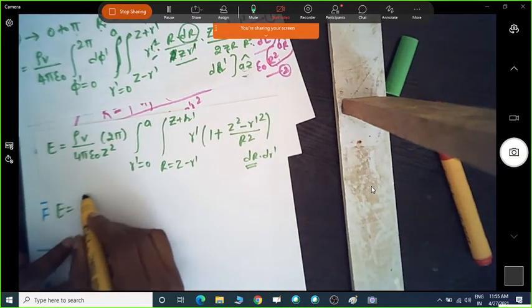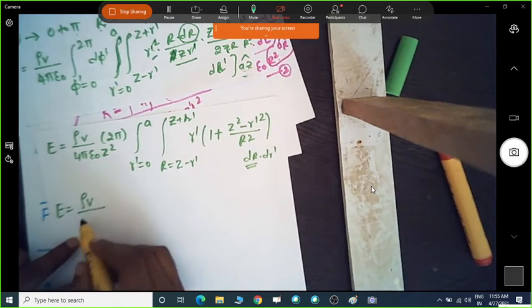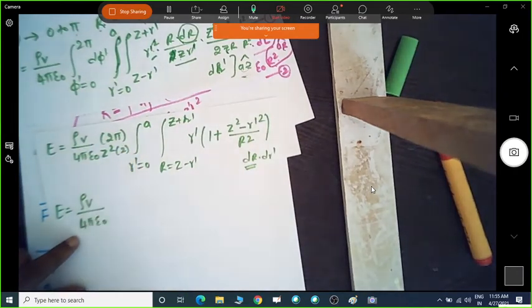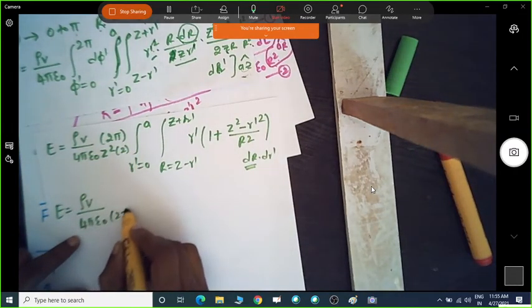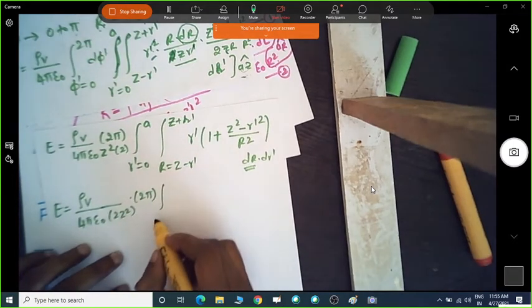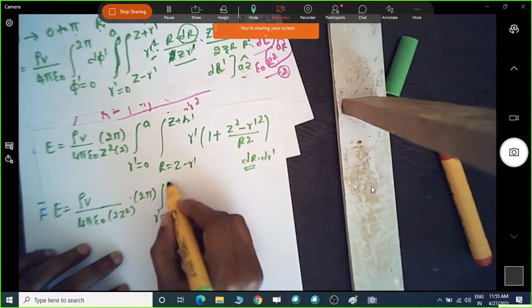That we will write as rho v by 4 pi epsilon naught. This 2 is there, so we can take 2 outside as well, that is 2z square into 2 pi, with r dash from 0 to a.